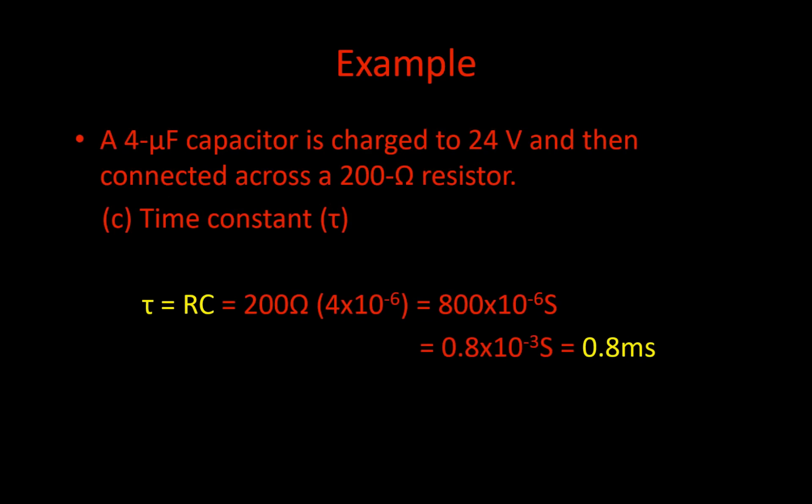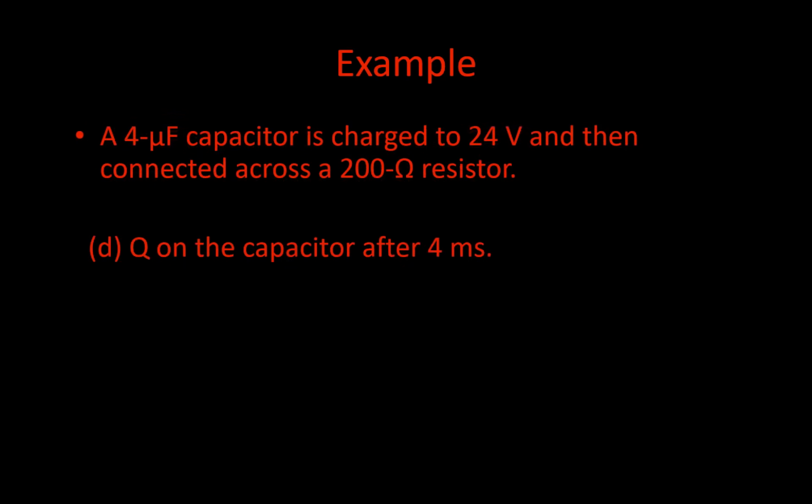Finally, the last part of our question said, what is the charge remaining on the capacitor after 4 milliseconds? Well, this is that equation we just discussed, where Q, how much charge we've got, is equal to Q0, the original charge, times e to the negative t over tau.